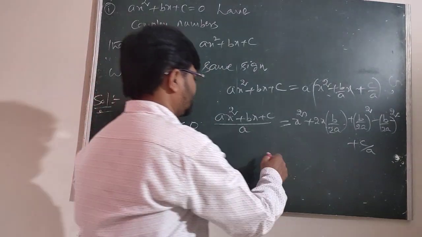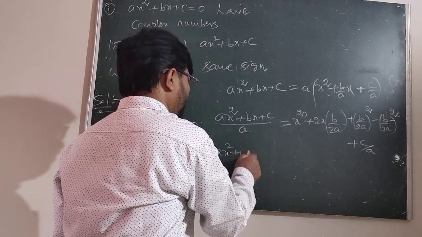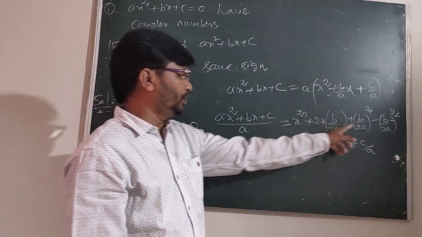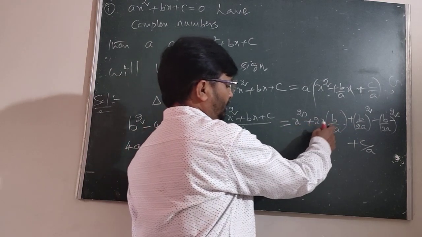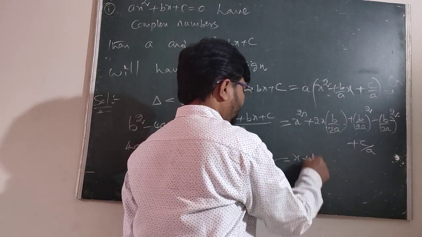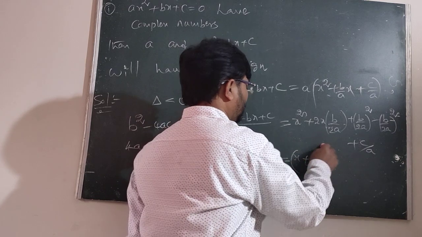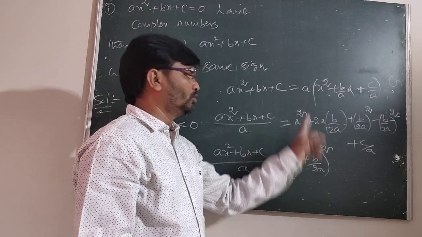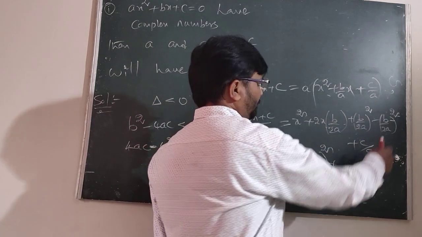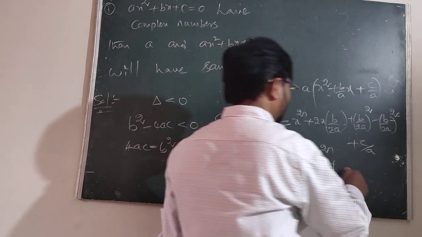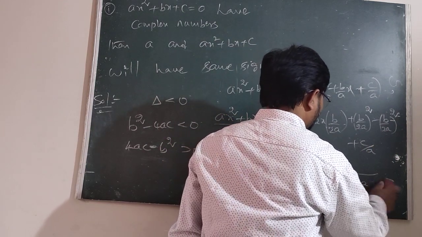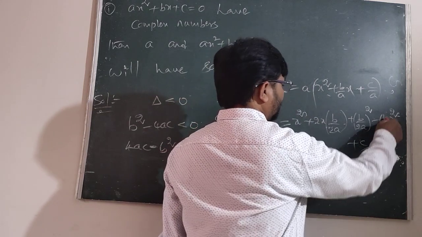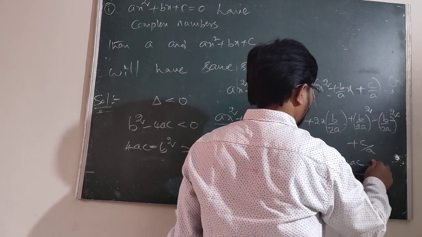Now this can be written as ax square plus bx plus c whole by a equals x plus b by 2a whole square. Now taking the LCM of the last two terms, it is 4a square. Canceling one a, we get 4ac minus b square.